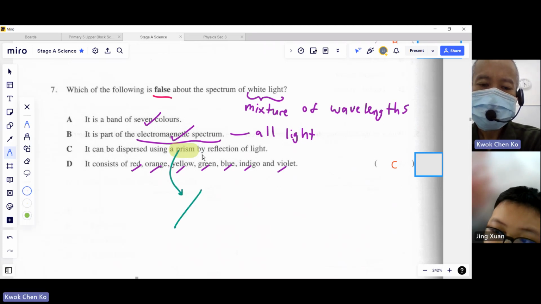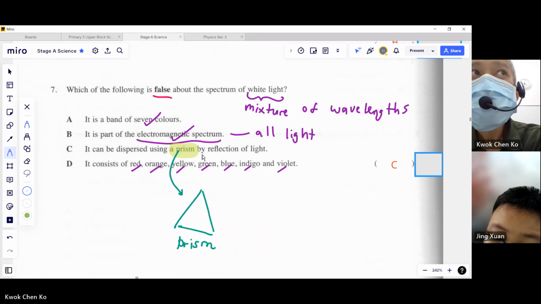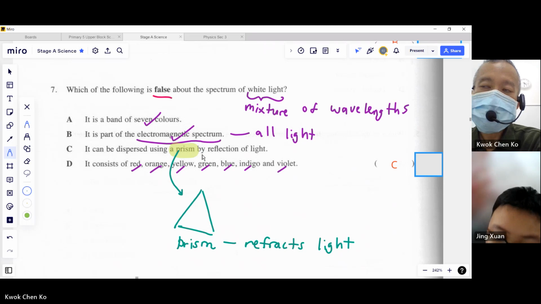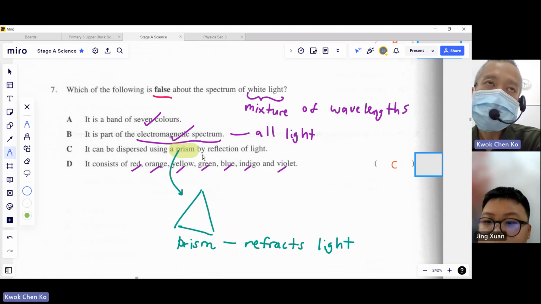But what's the purpose of a prism? Angel, what's the purpose of a prism? What does it do? Okay, it bends light, meaning it refracts light. That is the keyword. It bends or refracts light.